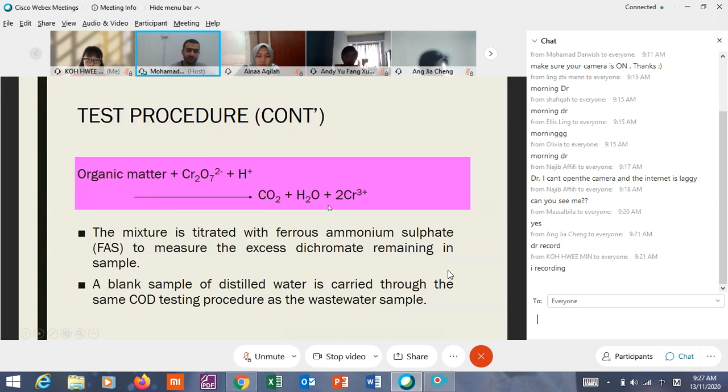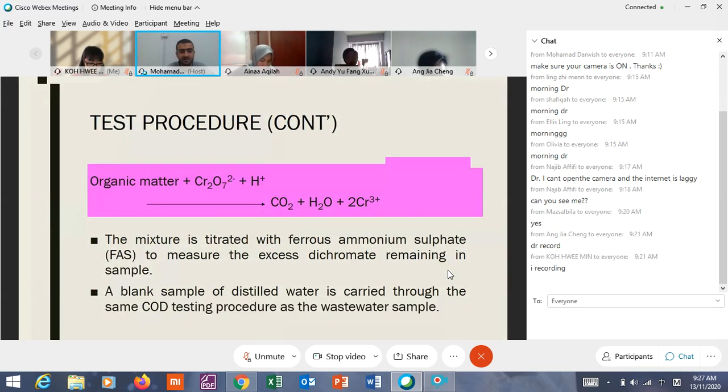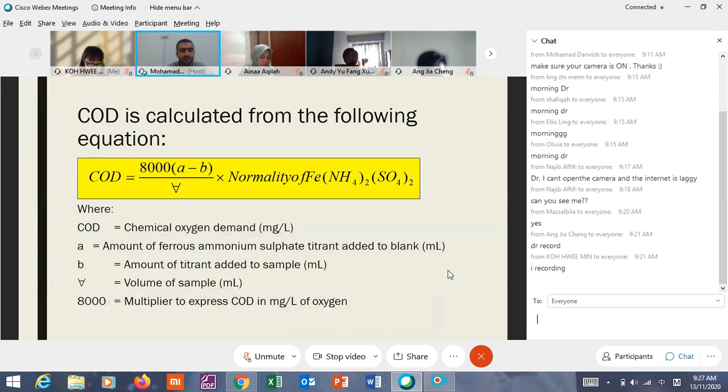In the conventional method, we measure how much chromate is produced, which indicates how much organic matter has been decomposed, or oxidized. So this is the procedure, and this is the formula.